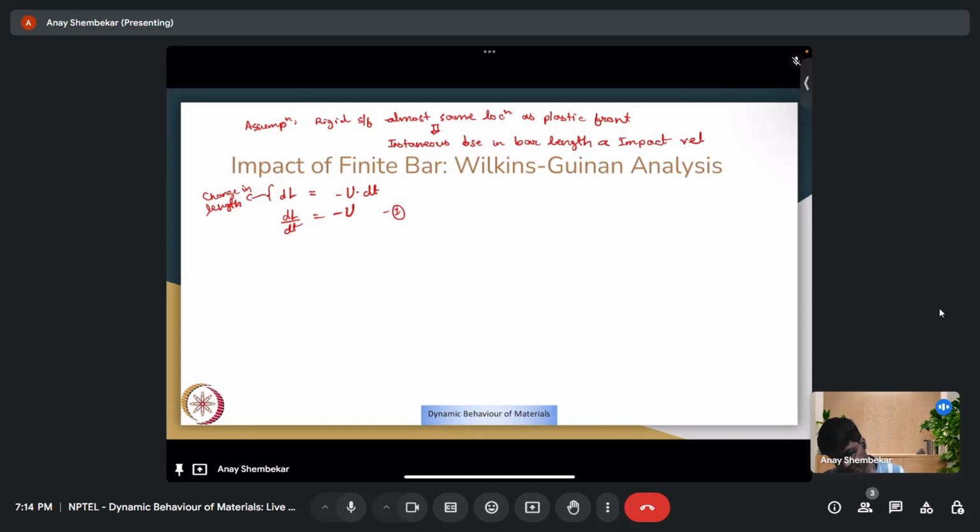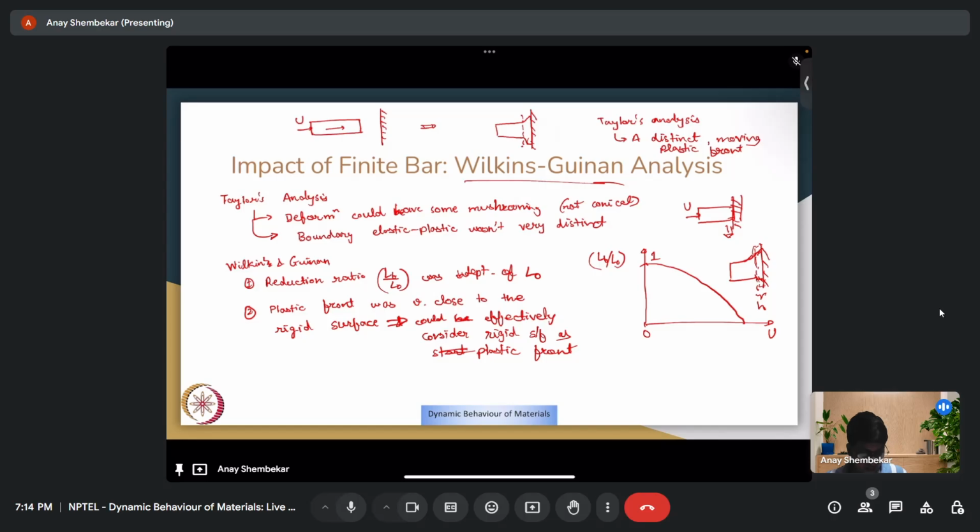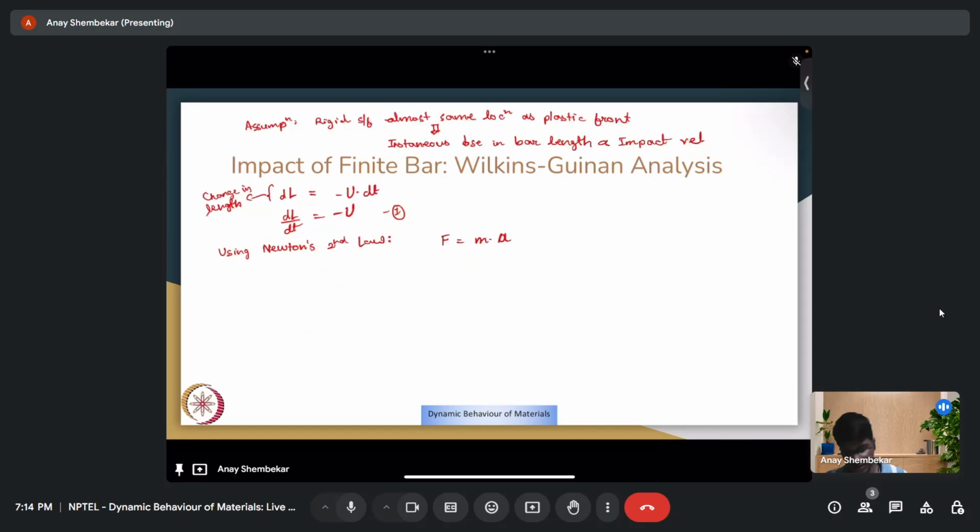Another equation we get from using Newton's second law. We get force is equal to mass times acceleration. Because the bar is being plastically deformed at this end, we can take the stress that the bar experiences to be the dynamic yield stress.